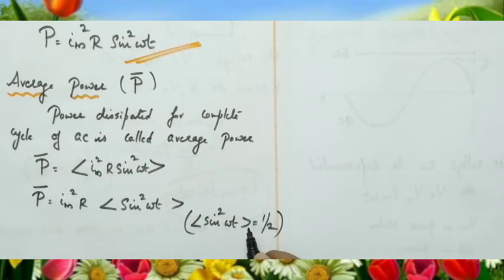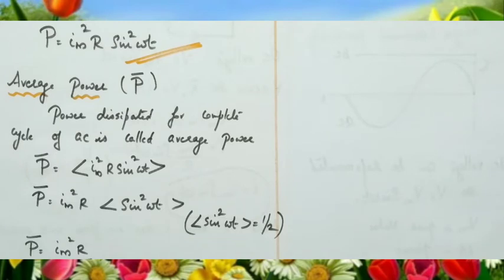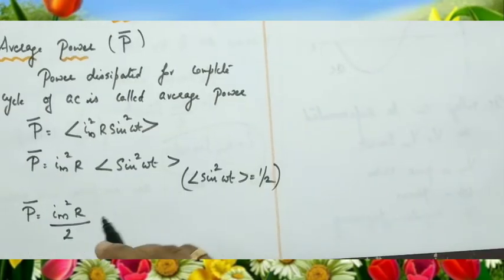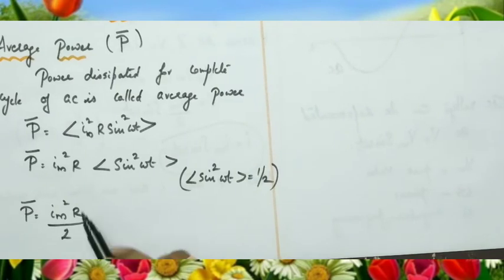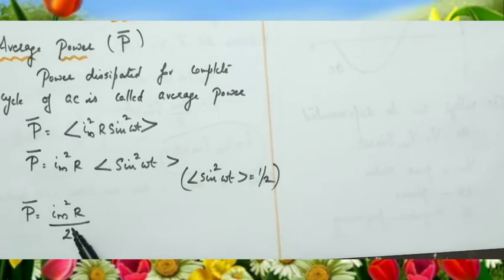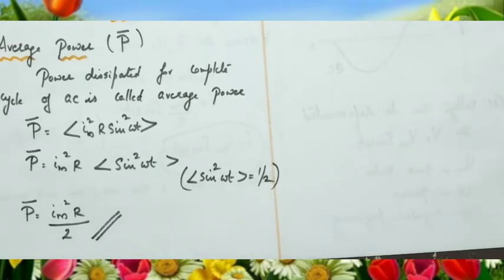So the average of sin square omega t is 1 by 2, and hence the average power is given by Im square R divided by 2. So P average equals Im square R divided by 2, where Im represents the peak value and R represents the resistance. So this is the formula for average power, that is, power dissipated for one complete cycle of AC.